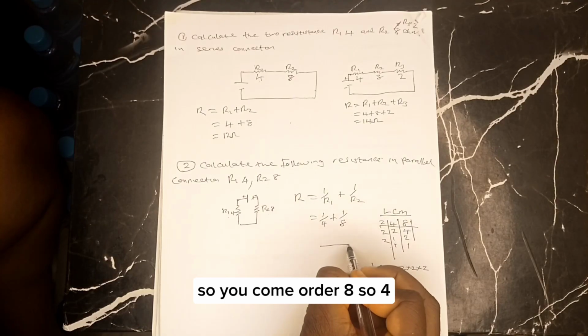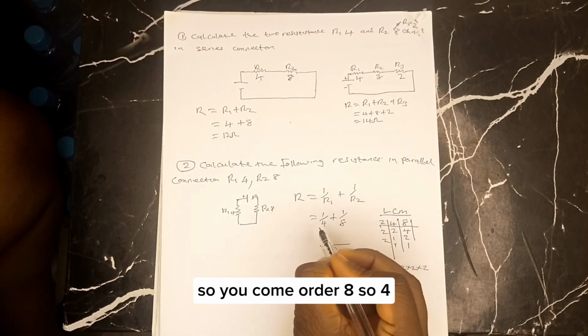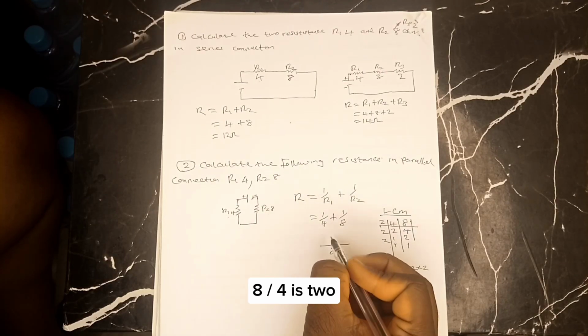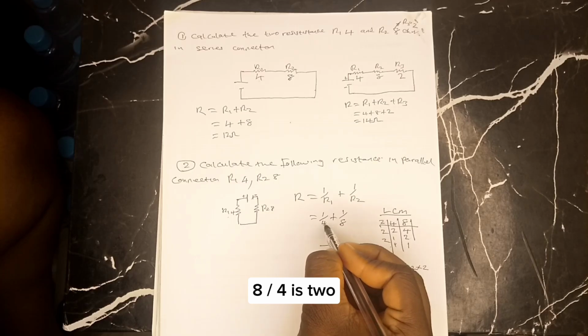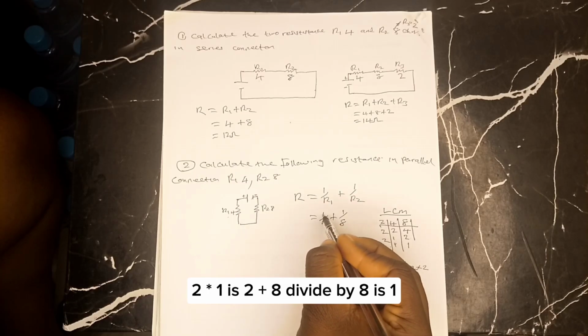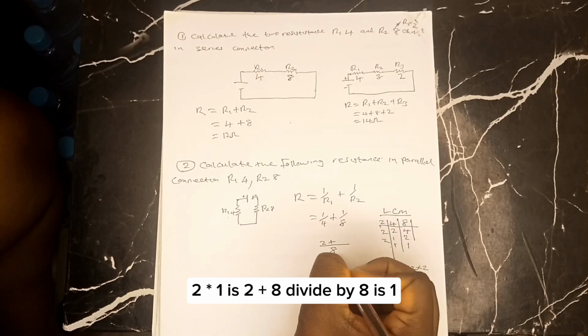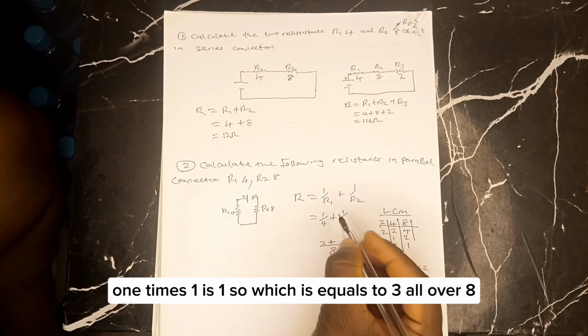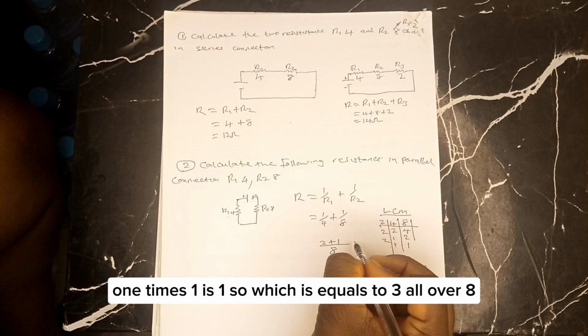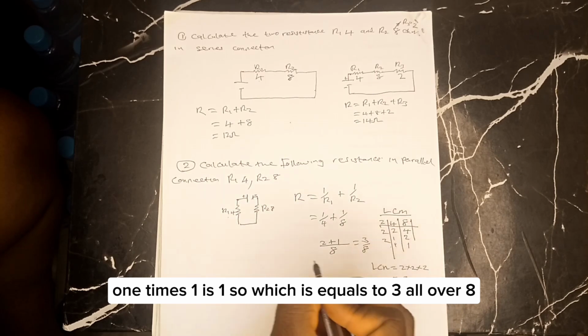So you come over 8. 8 divided by 4 is 2. 2 times 1 is 2, plus 8 divided by 8 is 1. 1 times 1 is 1. So that equals 3 over 8.